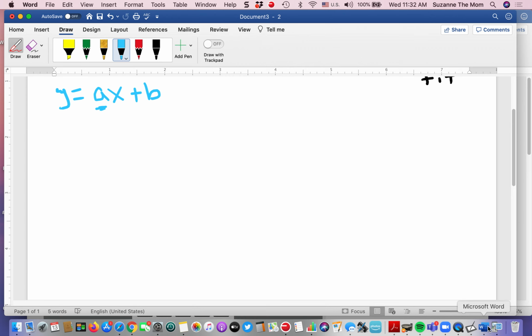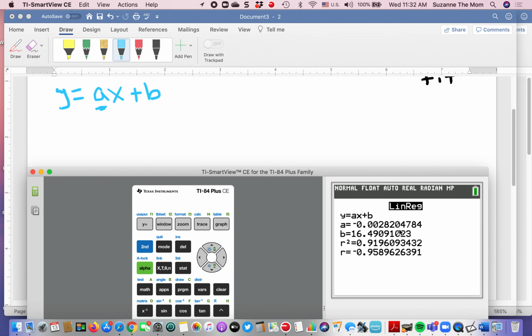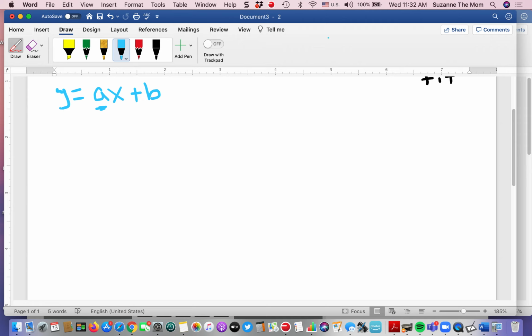So you're going to take what they gave you, and your equation is going to be y equals negative 0.003x plus 16.495. So let's write that down. So you have an equation of y equals ax, so negative 0.0.